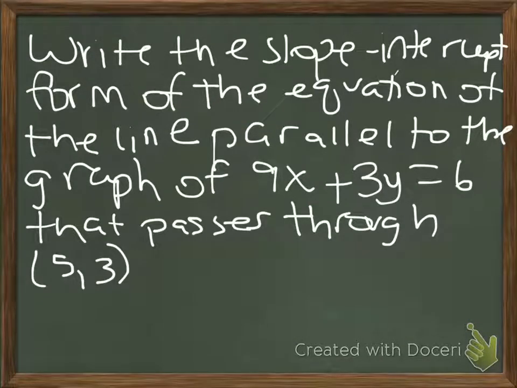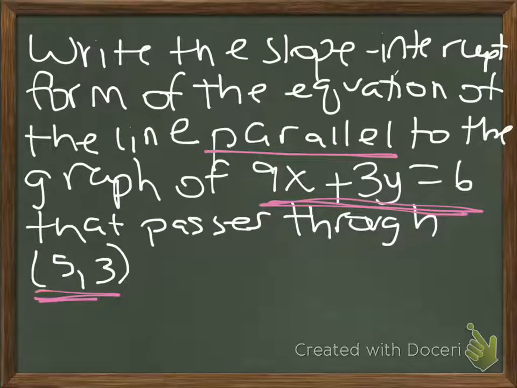Next one, we're writing the slope-intercept form of the equation, but it has to be parallel to the graph that they gave us and passing through this point. Right now it is not in slope-intercept form, so I would change it to slope-intercept form first to make sure we know the slope.